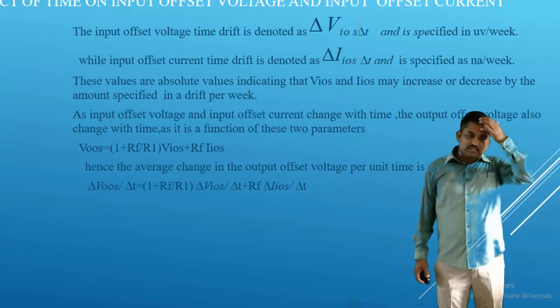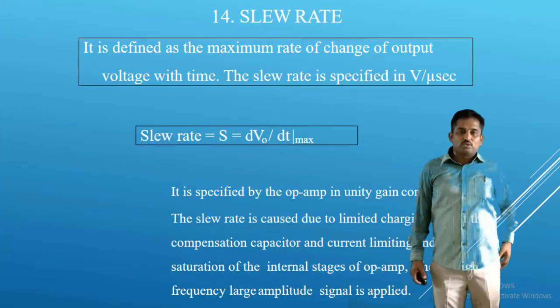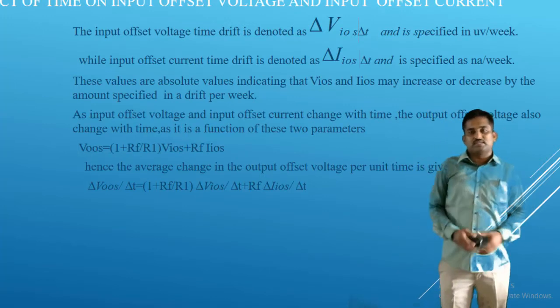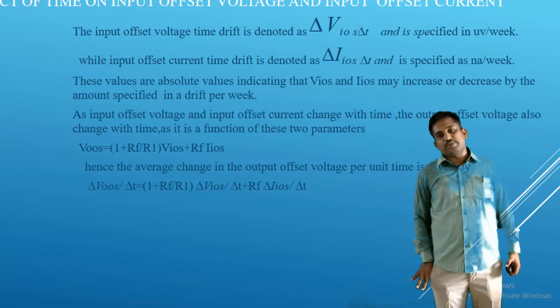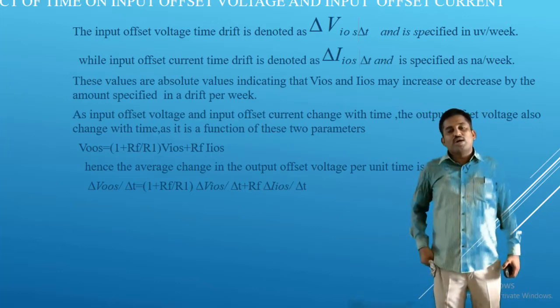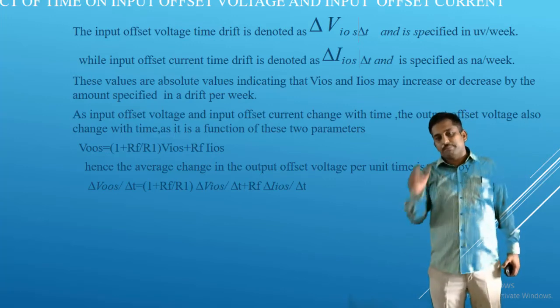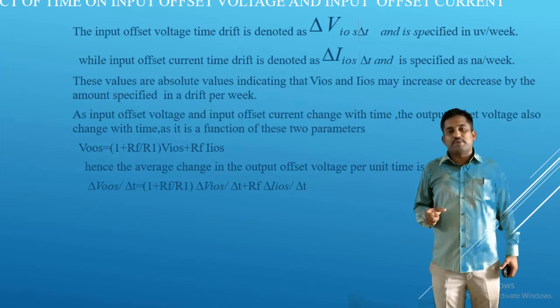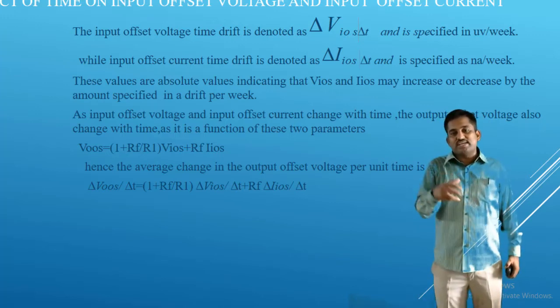Last but not the least, I am going to explain the variation of offset parameters with respect to supply voltages. We all know PSRR. What is PSRR? It is the power supply rejection ratio, which is also called power supply sensitivity. How can we express this?